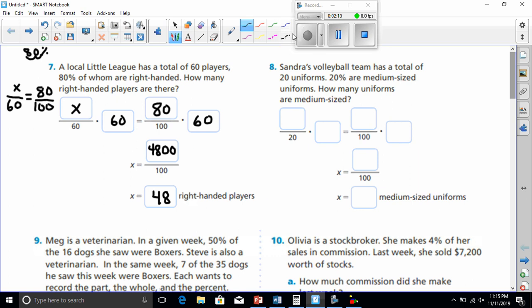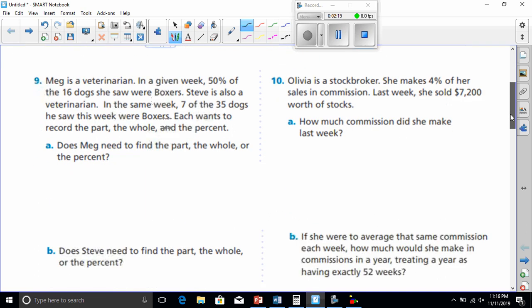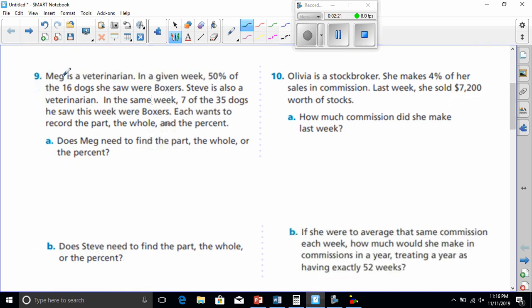All right? And let's venture off to number 9 now. Number 9 says, Meg is a veterinarian. In a given week, 50% of the 16 dogs she saw were boxers. Steve is also a veterinarian. In the same week, 7 of the 35 dogs he saw were boxers.